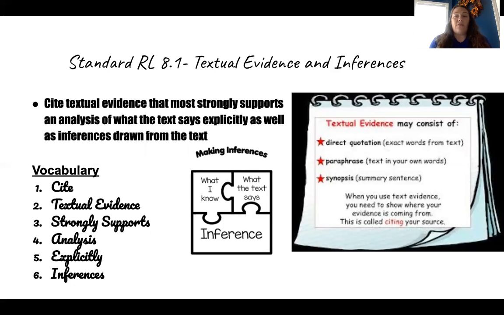So this year we have already practiced making inferences, we've practiced finding evidence, and we've practiced citing evidence. An example of this would be where in our reading of Bronx Masquerade, we have cited evidence to support our analysis of Tyrone, Tyrone being the main character, and we have analyzed Tyrone and shown evidence to support certain character traits.